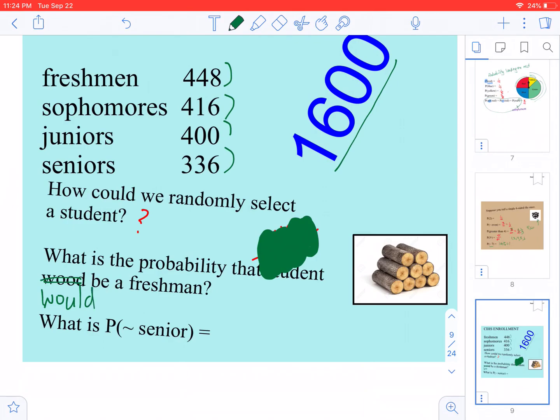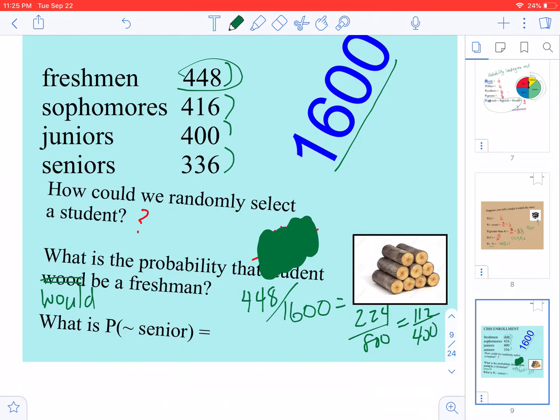Anyways, so the probability of being a freshman would be 448 divided by 1,600. It's approximately 1/4. That ratio reduces. You could divide them both by 2. You get 224 over 800. We do it again, and we get 112 over 400.